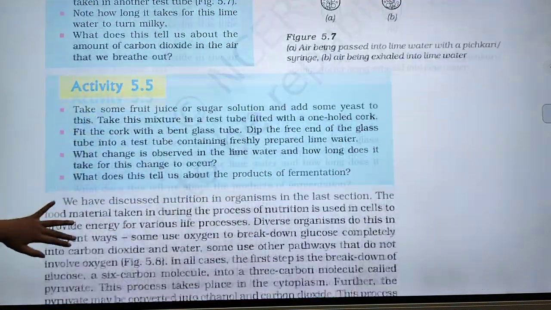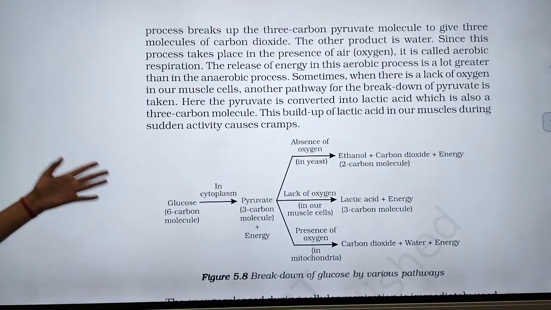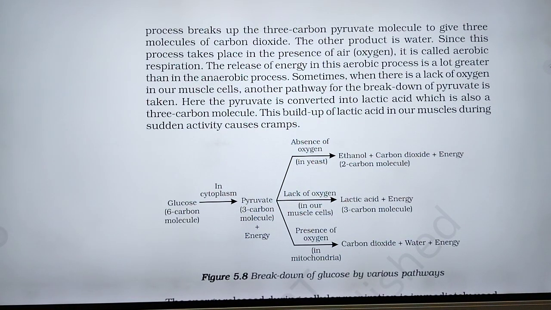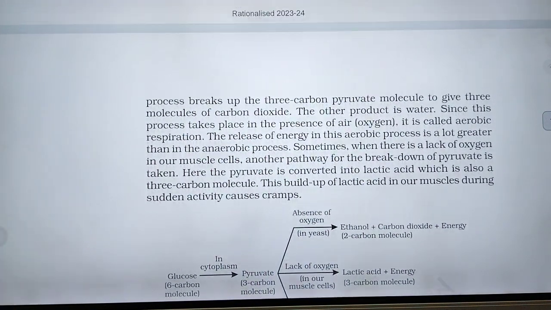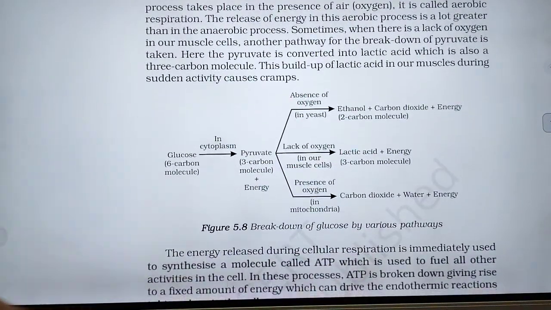There are three pathways for the breakdown of glucose. The first is in the absence of oxygen. The second is in the lack of oxygen, which happens in our muscle cells, and the third is in the presence of oxygen, which is in the mitochondria.